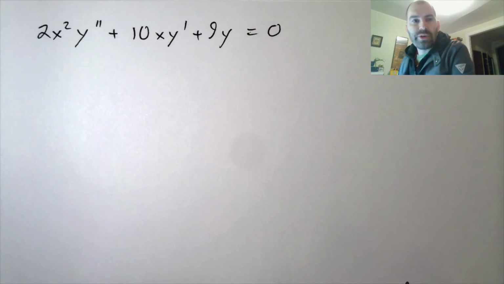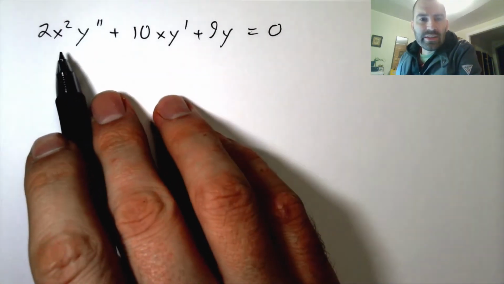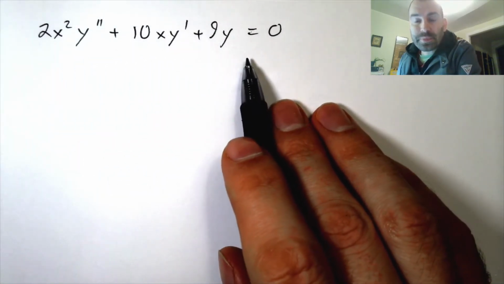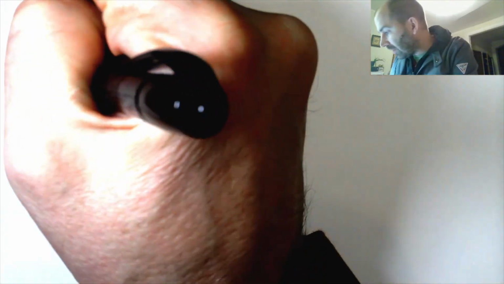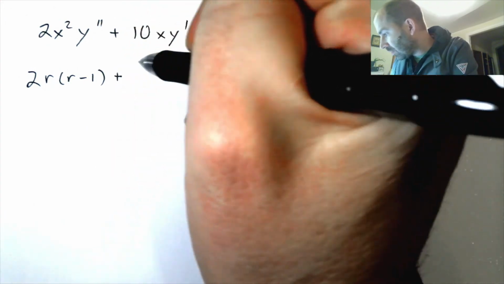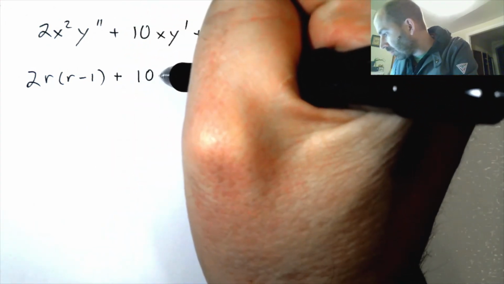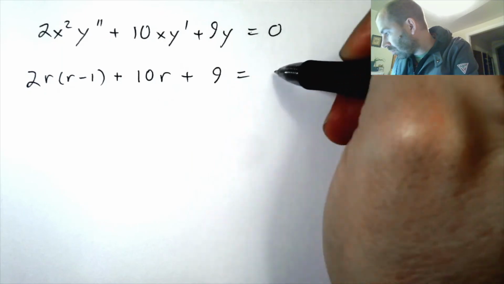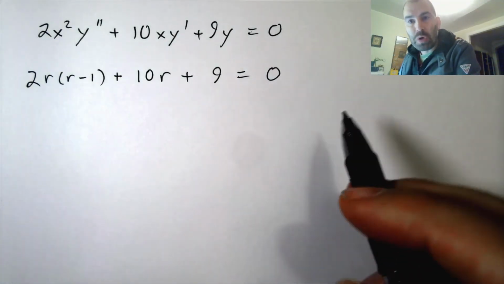Okay, so this is our third example here. It is an Euler equation. All right, so let's write down the indicial equation. There's a coefficient 2 over here. Let's multiply it out.